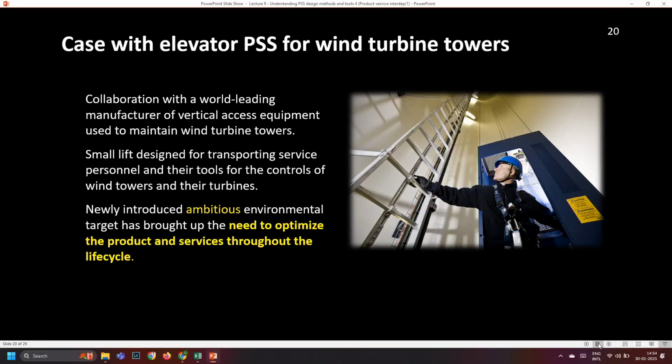Okay. Then I will give an application example, which we worked on with a company producing elevators. Those elevators are special ones because they are used only in the towers for windmills.